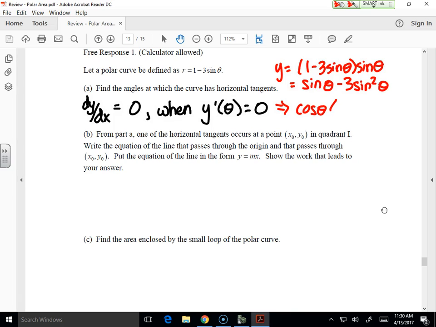It should be a full cosine, so it'd be 1 minus 6 sine cosine, pull out a cosine, negative 6 sine. Oh, that's it.